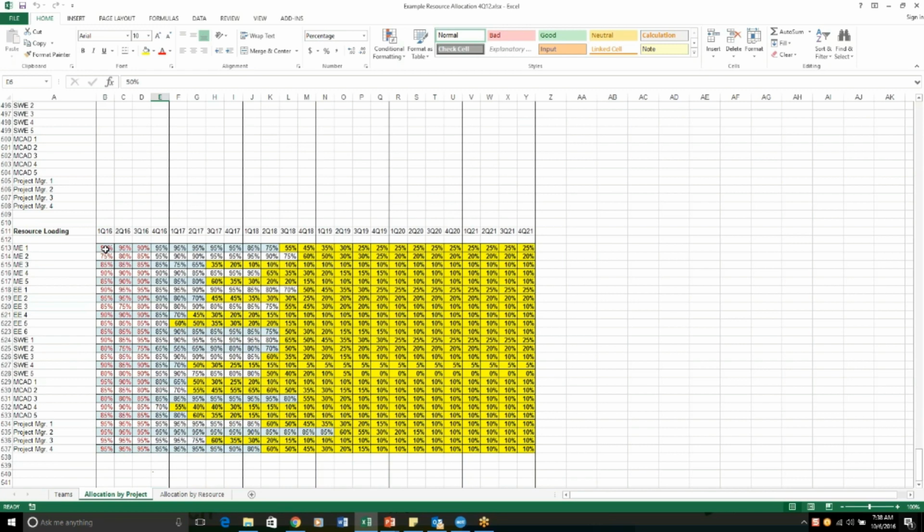So here, ME number one spent around 90 to 95% of his or her time. This is the projected out, and then the significance of the yellow is I basically just use that as a subjective way to graphically illustrate when the resources were going to start to get freed up, so to speak, in order to work on other projects.